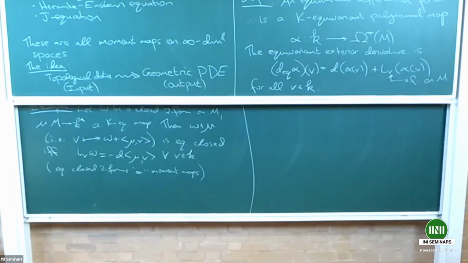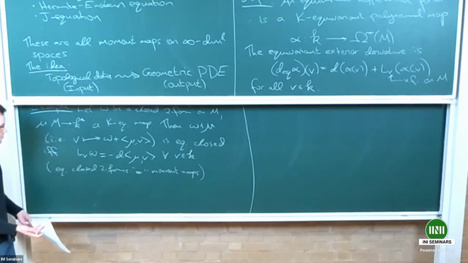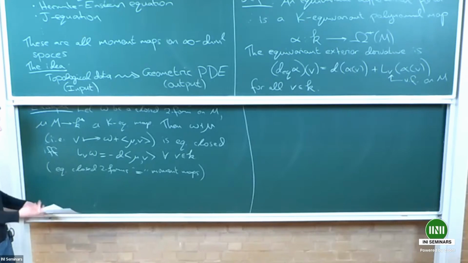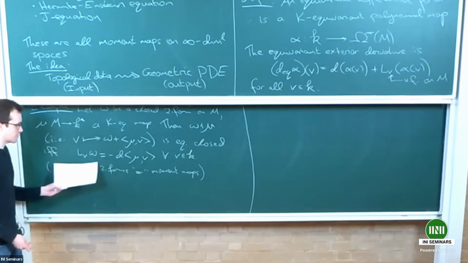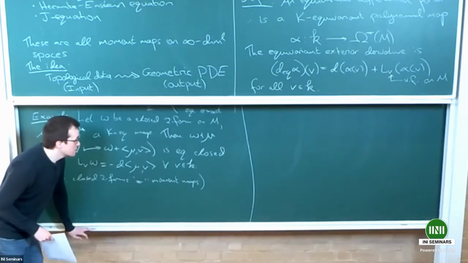So just a note on my terminology, usually when you talk about moment maps, you require the two-form to be symplectic. In this talk, I'm not going to require that. So I'm just going to be considering arbitrary two-forms, and I'll still call this equation a moment map equation, even if the form isn't necessarily symplectic. So it's a bit of an abuse of terminology.